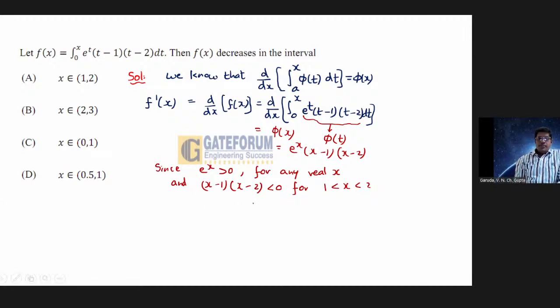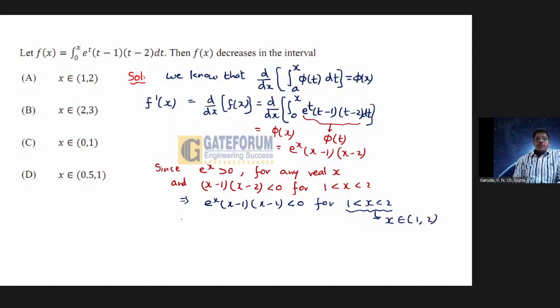Now, that means e power x into x minus 1 into x minus 2 less than 0 for 1 less than x less than 2. This 1 less than x less than 2 can be written in open interval form: x belongs to the open interval 1 comma 2. So that means f dash x less than 0.